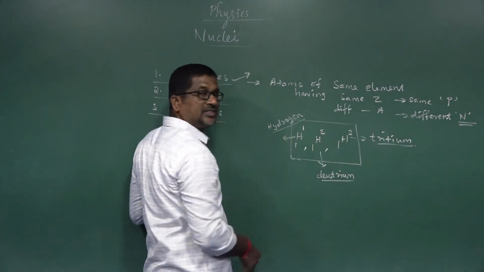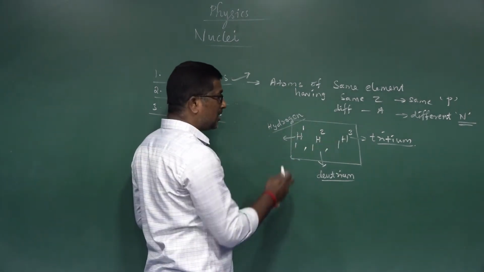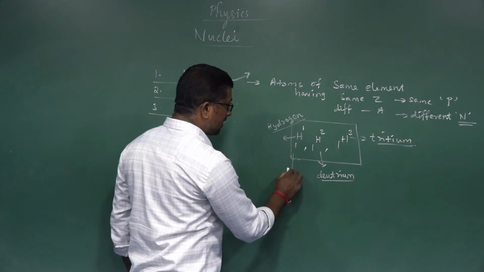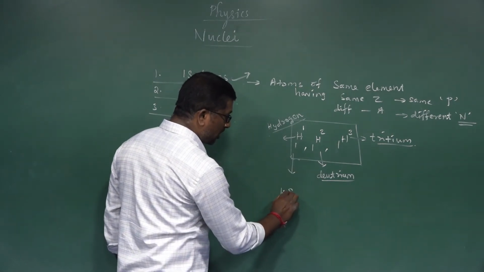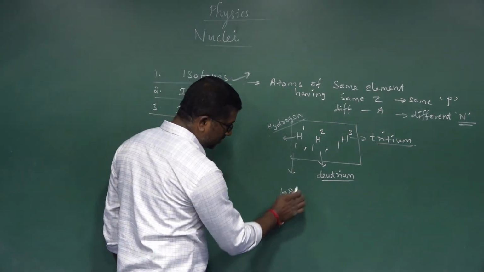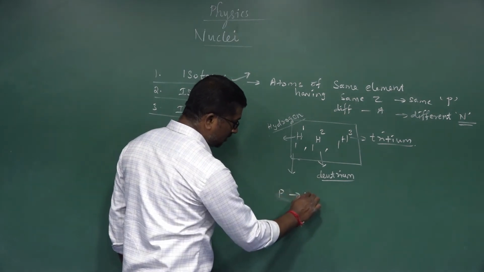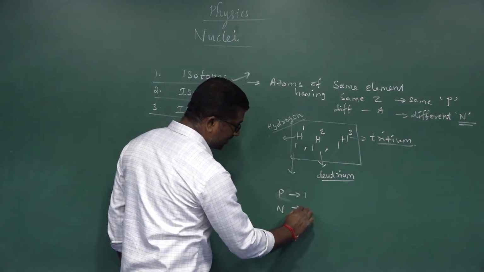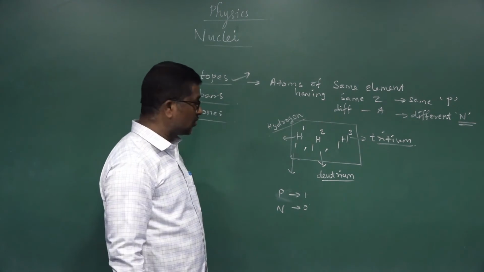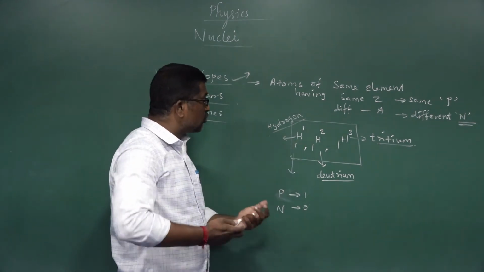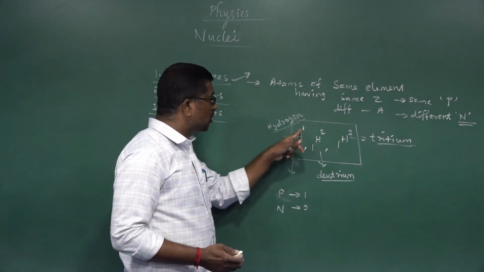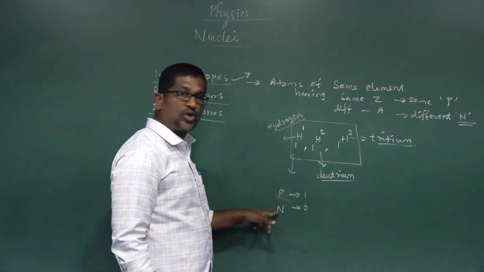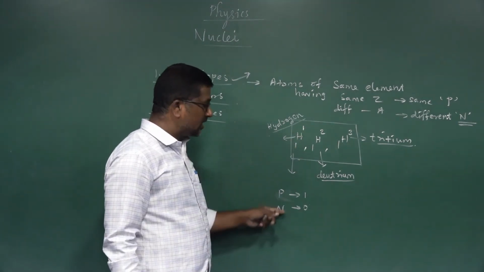but different mass number. Right? Hydrogen atom has proton number 1 and neutron number 0. Right? What is neutron number? The difference between mass number and atomic number gives the neutron number. Okay? So 1 minus 1, 0.